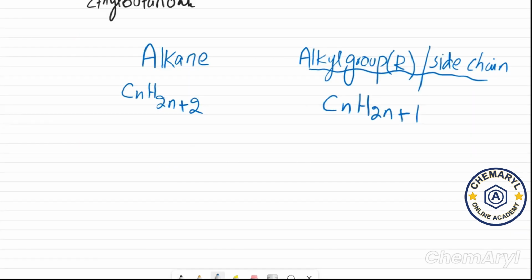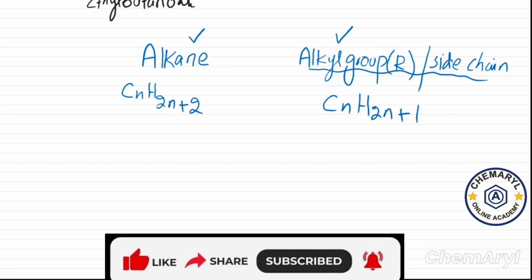Dear student, lastly I am going to explain the basic difference between alkane and alkyl group, also called side chain, also called the substituent. The alkane family have general formula CnH2n plus 2, whereas in case of the alkyl group, if one of the hydrogen omit from the alkane family, then it will form alkyl group or the side chain. Suppose that if you put n is equal to 1, you will get methane CH4, and if you omit one of the hydrogen of the methane, then you will get methyl substituent side chain.